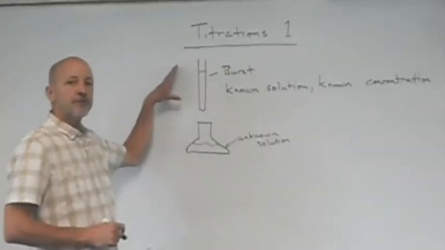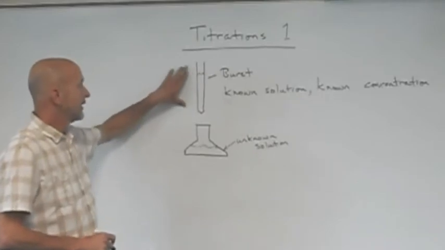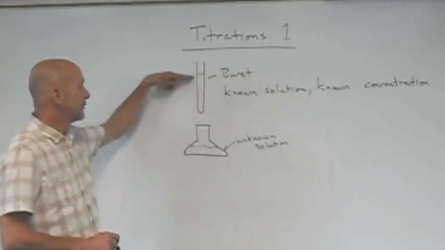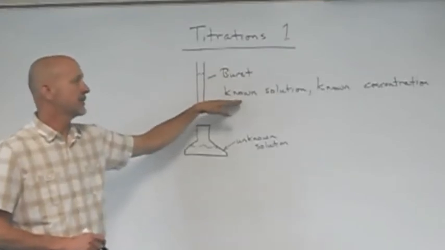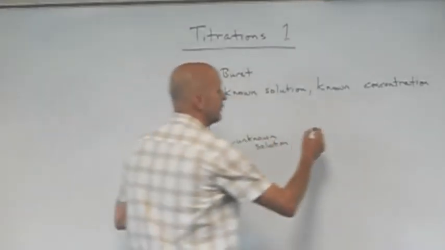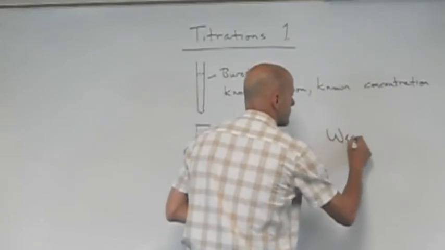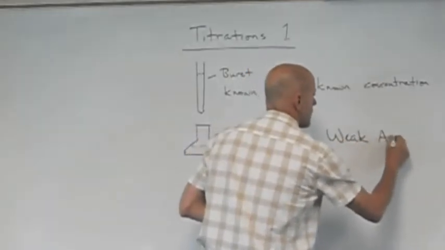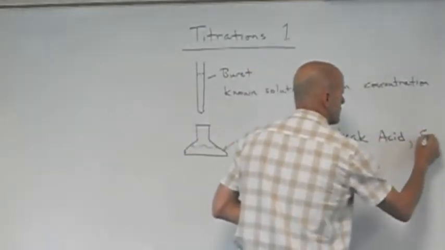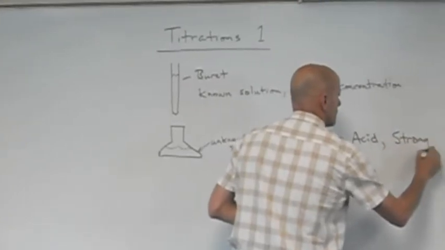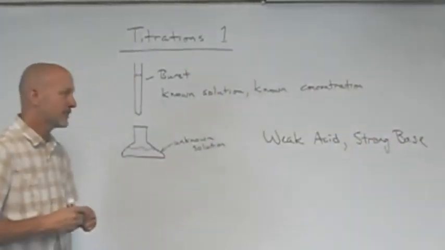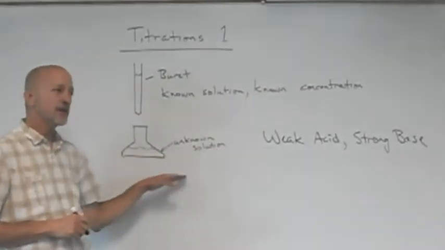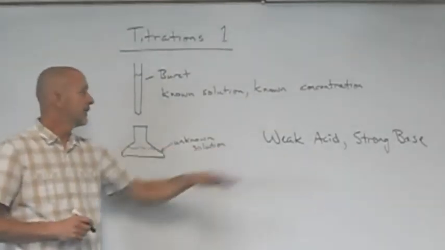So here's our titration setup. I've got a burette here, and I filled it with some sort of known solution with a known concentration. I want to look at weak acid strong base titrations. There's many different ways to do titrations, but this is one of the most common.